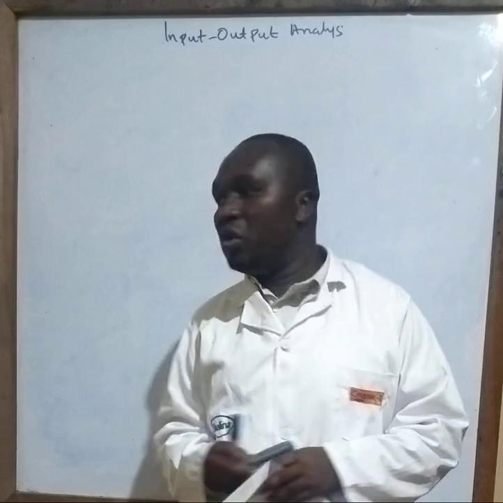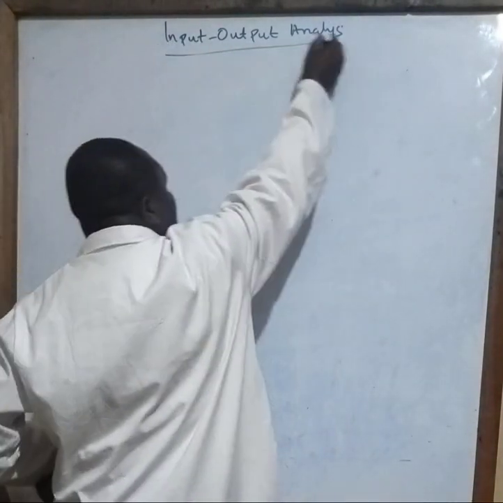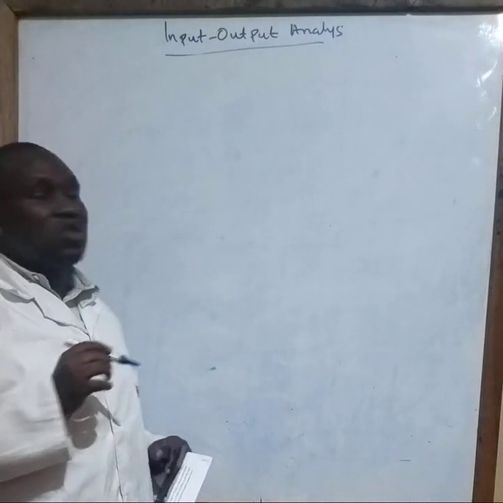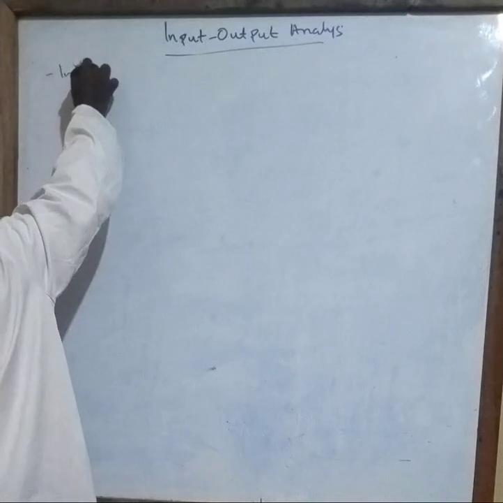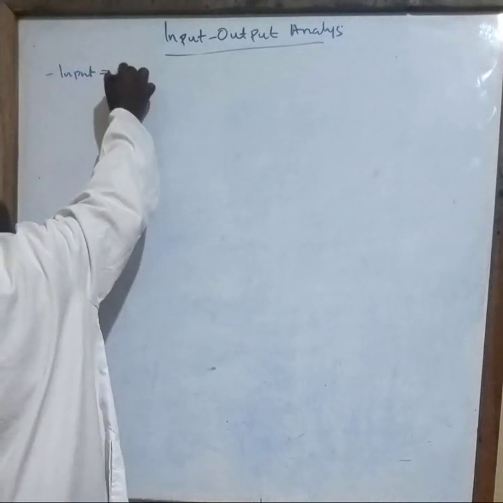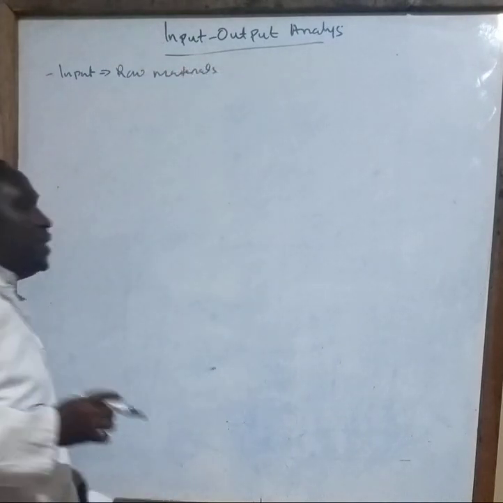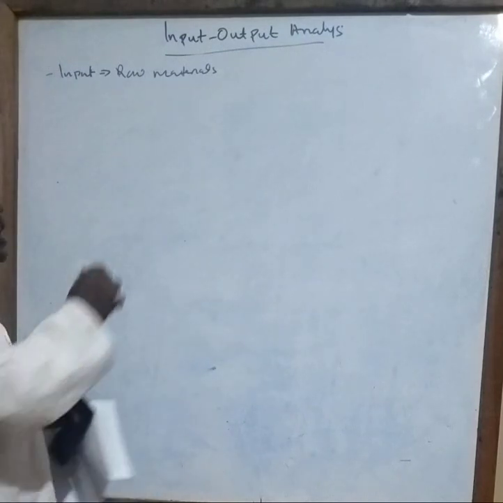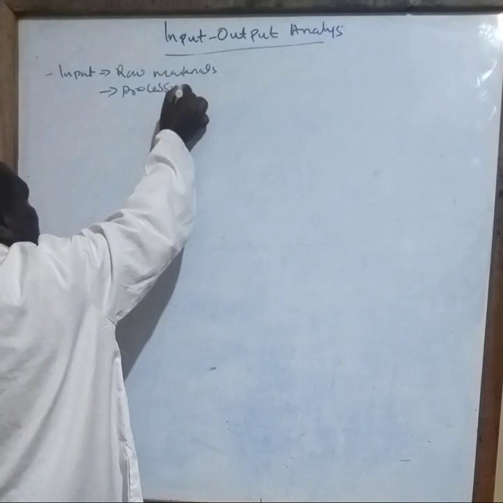In this case now, we are going to see what this model is all about. This particular model is all about the input. When you talk about an input, you might be referring to raw materials. These raw materials undergo a special process called processing.